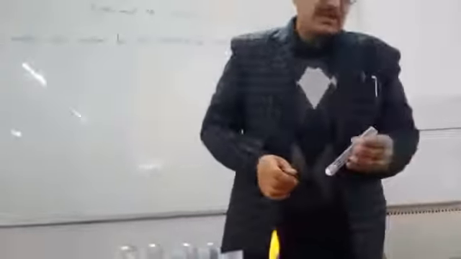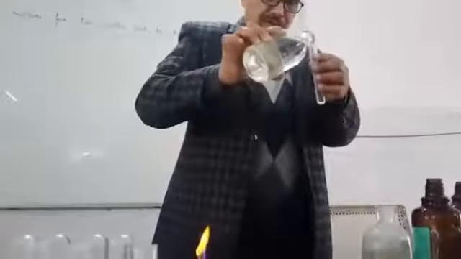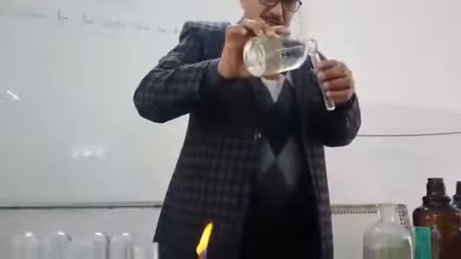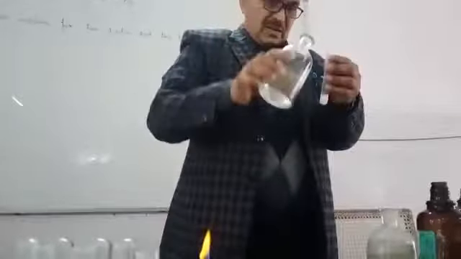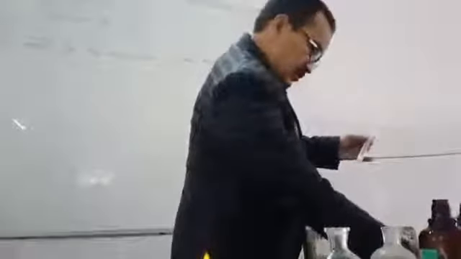A small quantity of the given mixture is taken in this test tube, and we add a small quantity of dilute HCl, which is the group reagent for this, and a small quantity of H2S water.